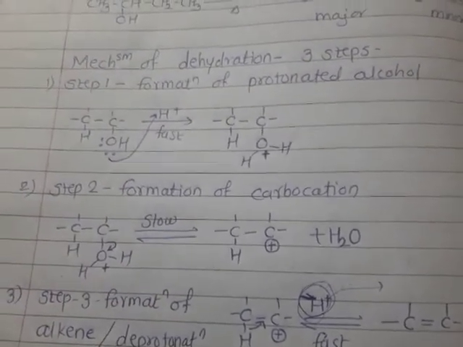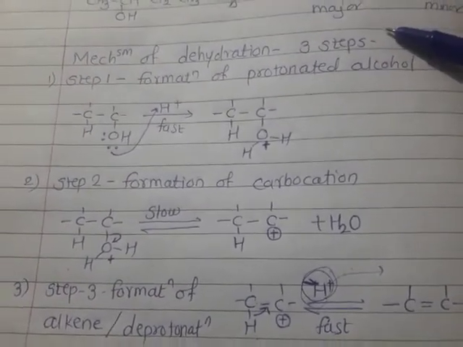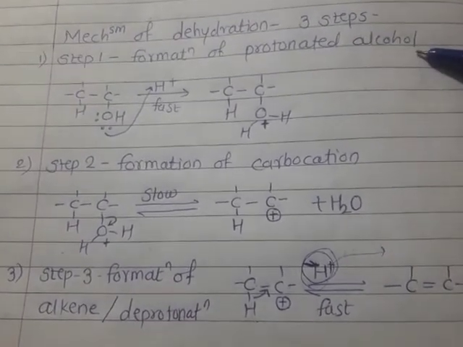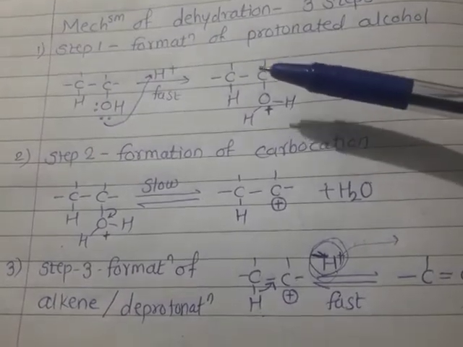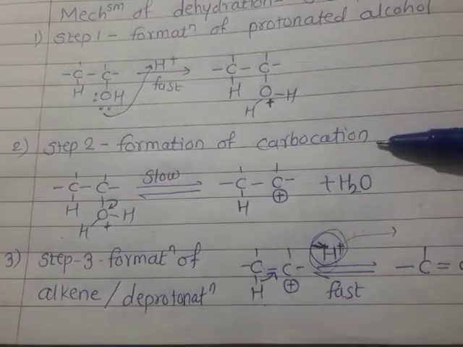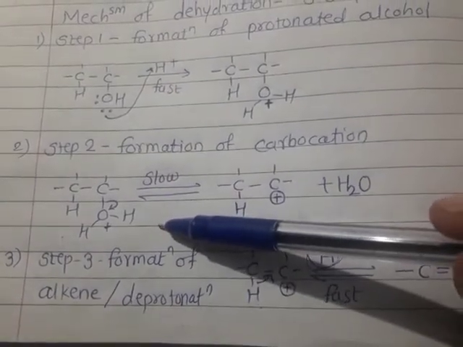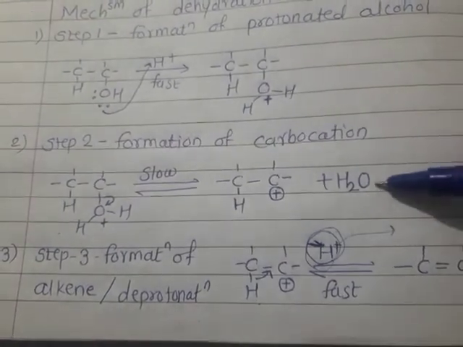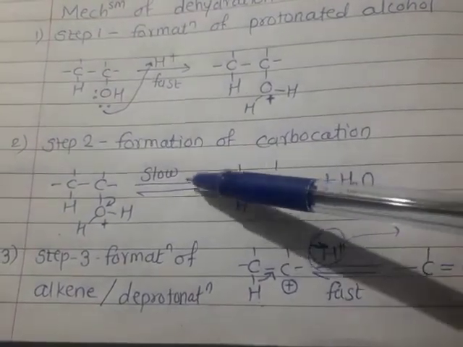This is the mechanism of dehydration of alcohol. First step, protonation of alcohol. Alcohol abstracts that H plus ion and we get protonated alcohol. Second, formation of carbocation. In protonated alcohol, carbon gives electrons to that oxygen, so water is formed as byproduct, and this is the slow step.